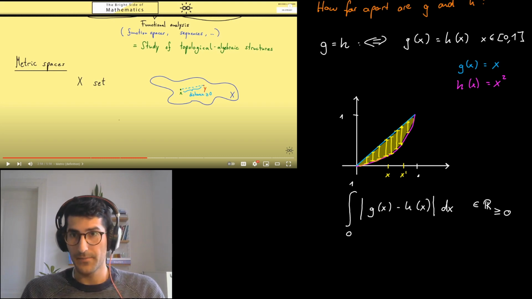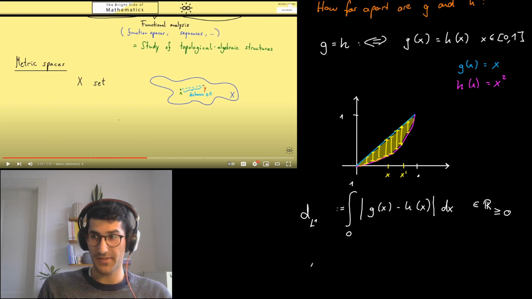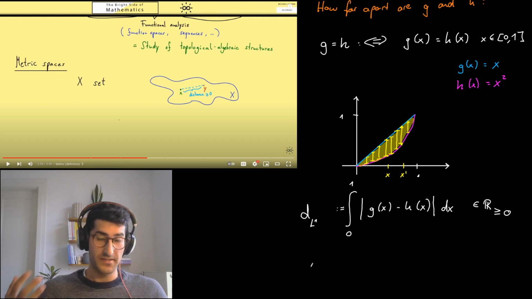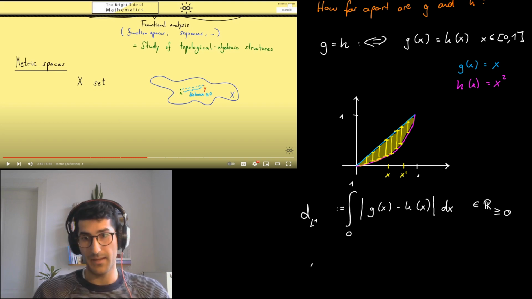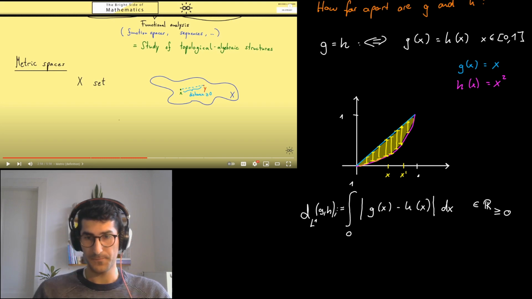So with that, we could now just say that this defines our distance function d. We are also giving it a subscript L1 because this is some kind of a Lebesgue type of distance of g and h.